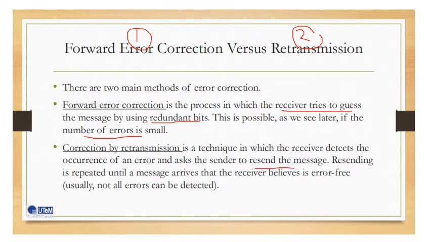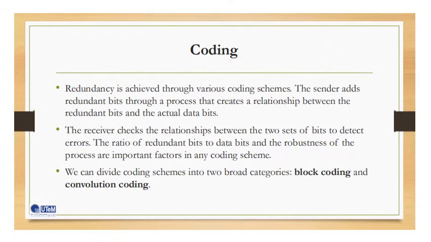And resending is repeated until a message arrives at the receiver where the receiver believes it is error free. So it is not certain. It is just the belief of the receiver. If the receiver believes it is error free, then it will accept it. Otherwise, it will ask for retransmission.